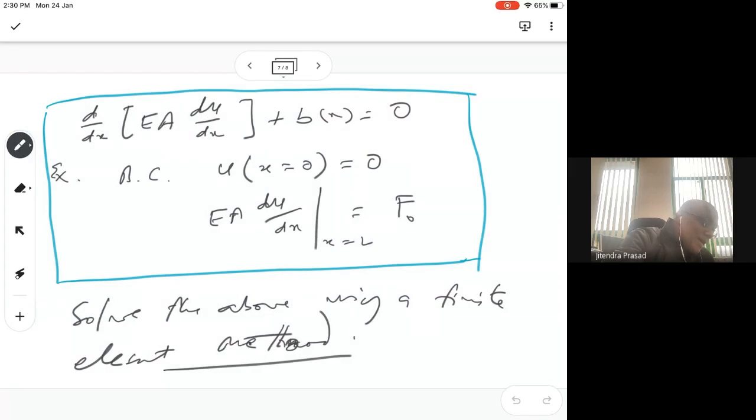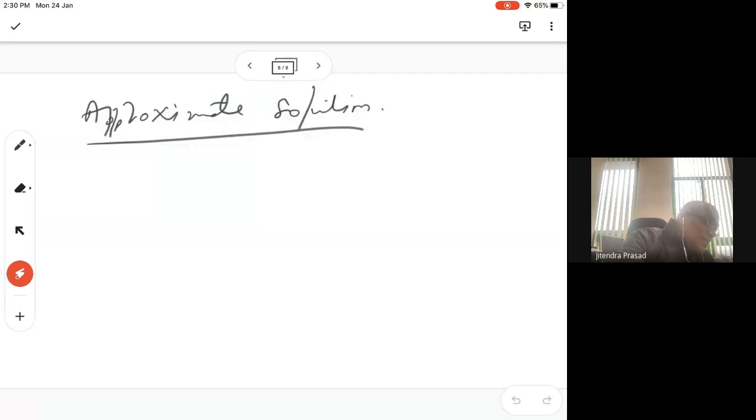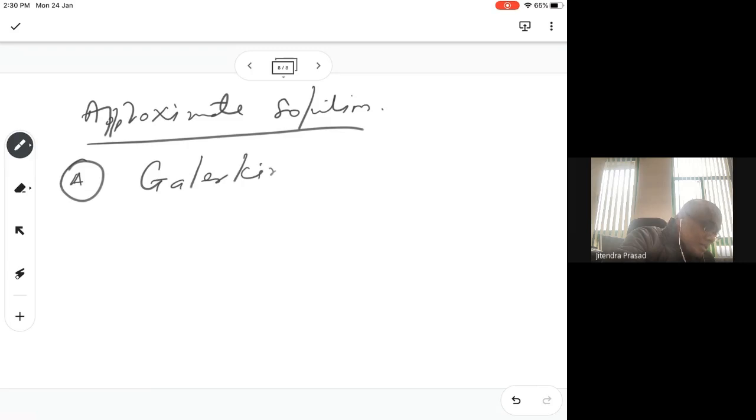Let us say we want to solve this problem, and we start by assuming some value, and based on that, we can solve it. Now, for approximate solutions, there are different ways of solving. One way of solving is what you know as the Galerkin method.